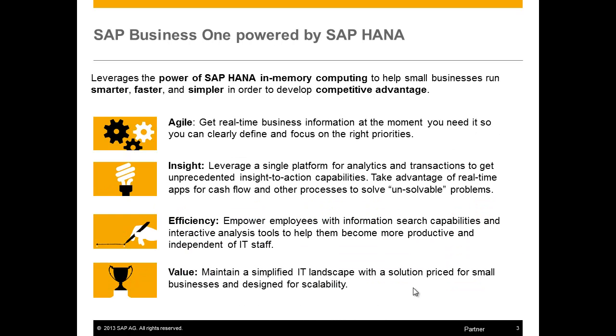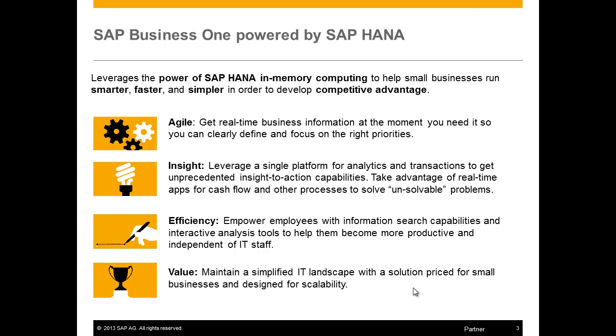With SAP Business One powered by SAP HANA, Business One gets more agile. You get real-time business information at the moment you need it, so you can clearly define and focus on the right priorities. It gives you more insight: you leverage a single platform for analytics and transactions to get unprecedented insight to action capabilities.